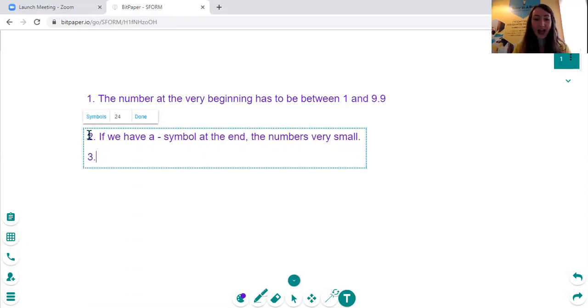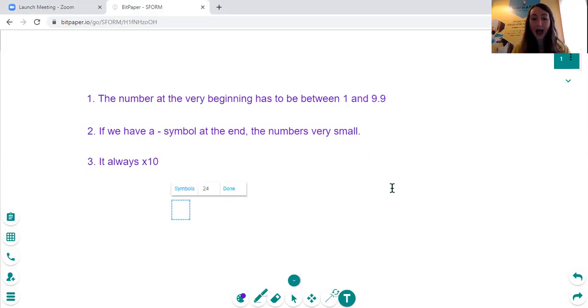And rule number 3, it's always times 10 to the power of something. So we have our number at the very beginning between 1 and 9.9, a negative symbol at the end means the number's very small, if it's positive the number's very big, and it's always times 10 to the power of something.